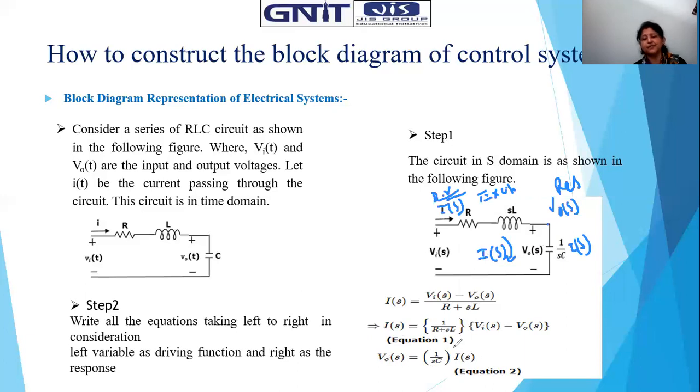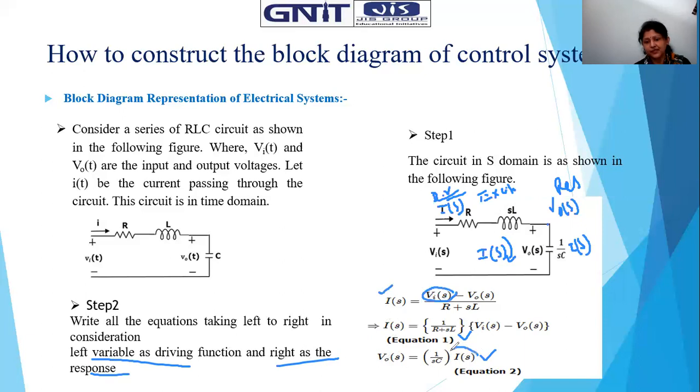So, plain and simple, you are getting two equations. What will be your objective? The left variable is the driving function and the right variable is the response. Keep it in mind: while the left variable is the driving function, the right variable is the response.